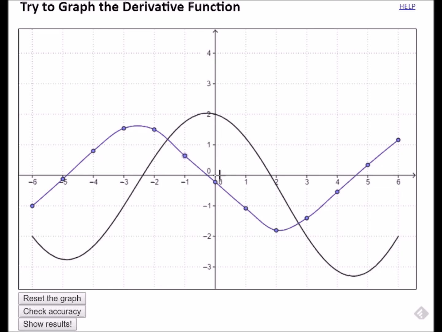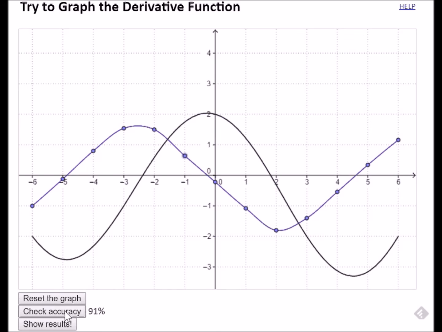Okay. So I'm fairly happy with what I have here now. So this is my guess for f prime, and if I click on check accuracy, it will tell me how good my estimate is. So it's 91% accurate, which is not bad actually. And with show results, I can actually look at what the actual function f prime would look like. So you see, I didn't do so bad.